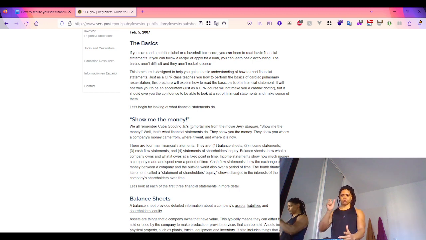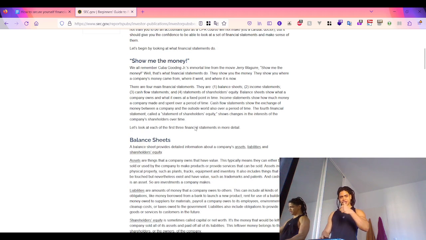The cash flow statement shows the exchange of money between the company and the outside world, and the statement of shareholders' equity shows the change in interest of the company's shareholders over time. So this section only focuses on the first three: the balance sheet, income statement, and cash flow.